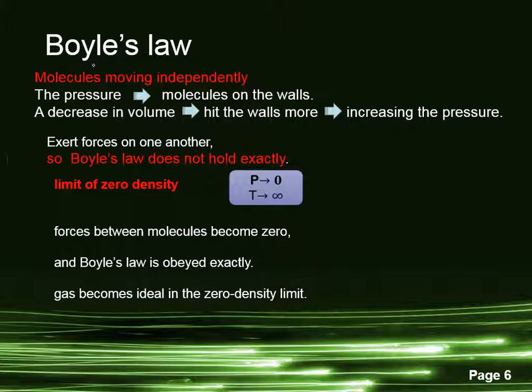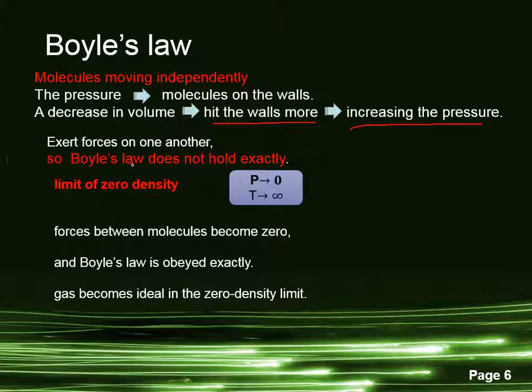Boyle's law is understandable from the picture of a gas as consisting of a huge number of molecules moving essentially independently of one another. The pressure exerted by the gas is due to impact of the molecules on the wall. A decrease in the volume causes the molecules to hit the wall more often, thereby increasing the pressure.